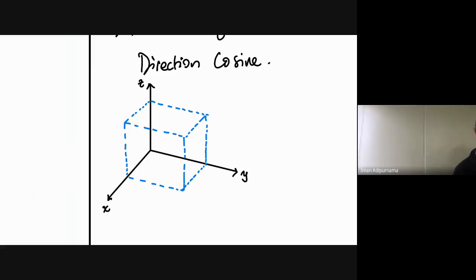Yeah, I hope it becomes a rectangle. And let the vector from the origin, let's call this the vector, okay, let's say the vector A.